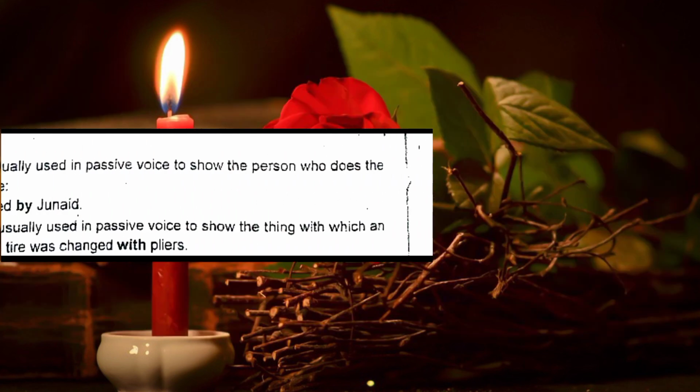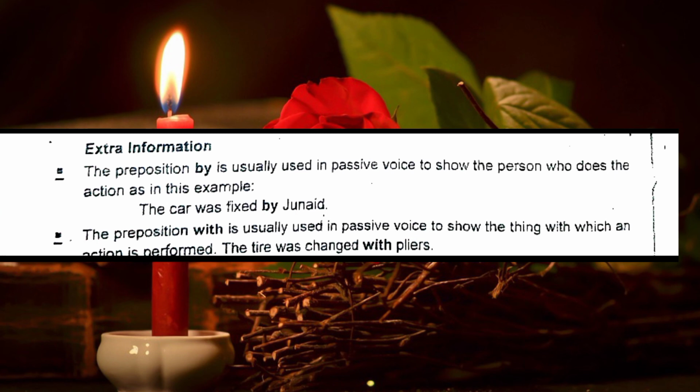Extra information: the preposition by is usually used in passive voice to show the person who does the action, as in this example. The car was fixed by Junaid. This is another point. The preposition with is usually used in passive voice to show the thing with which an action is performed.